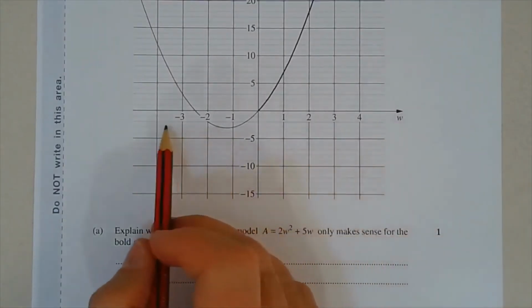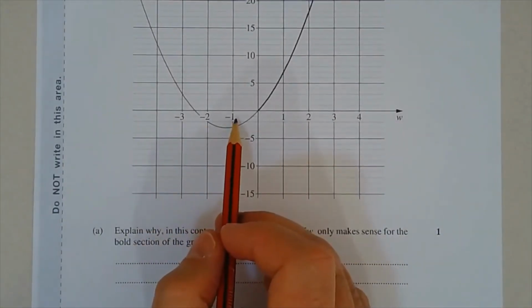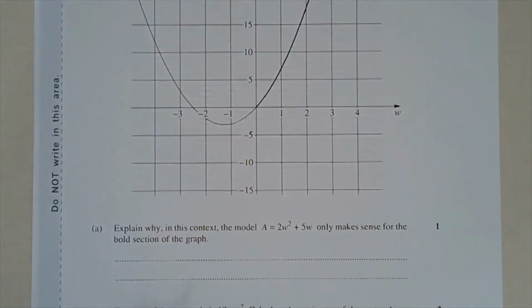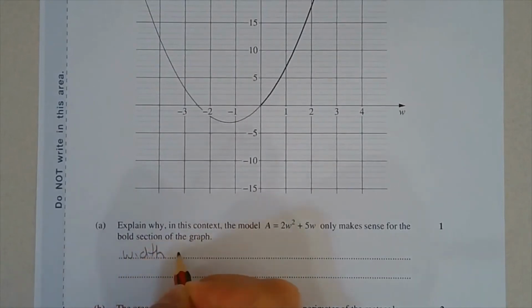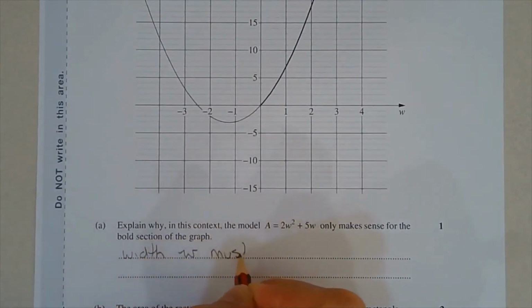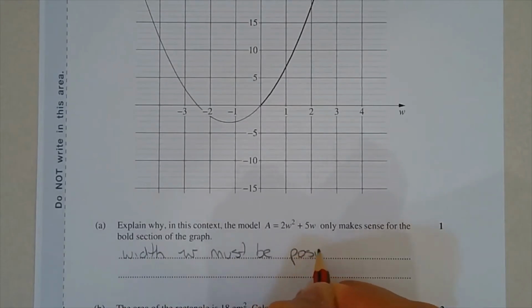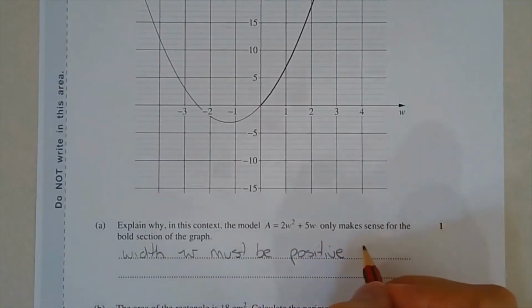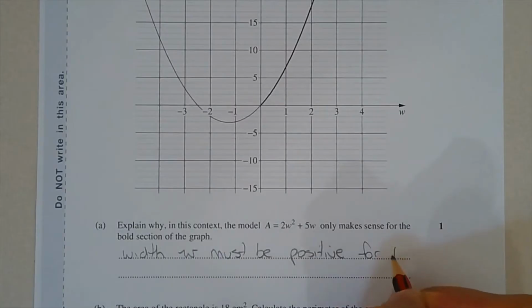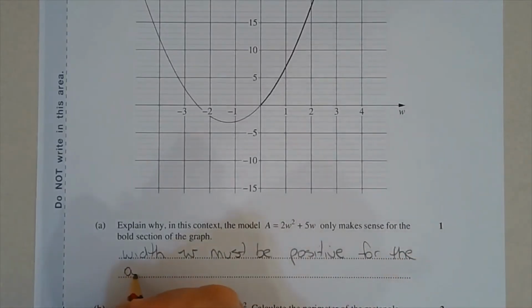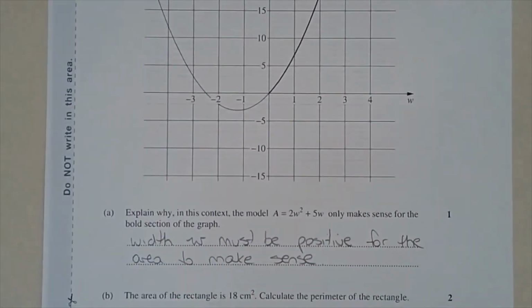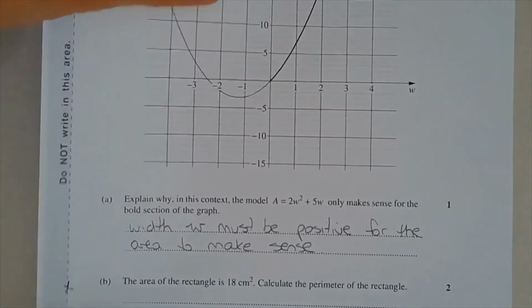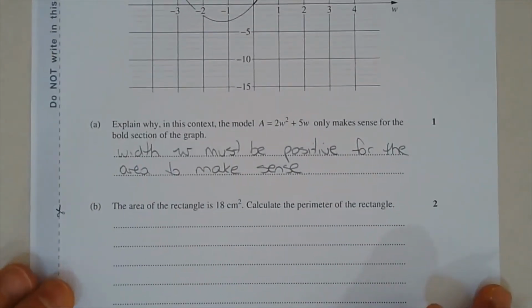The width makes no sense if the width is a negative number, like -1 centimeters. So anything to that effect, there's 1 mark.